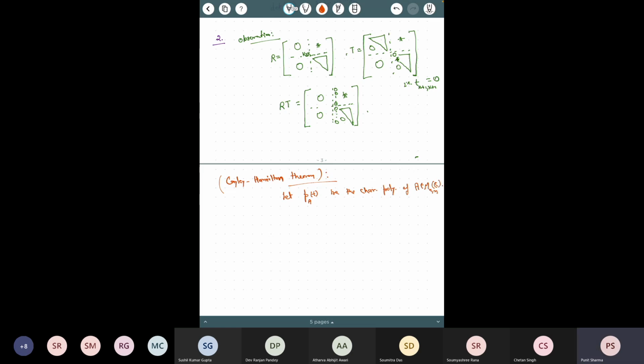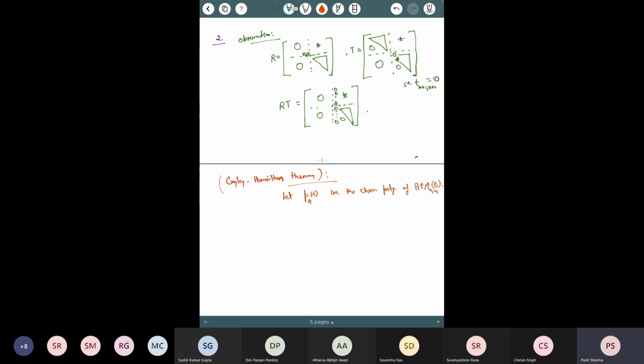By the way, here I am taking an n cross n matrix over C, but if it is an n cross n matrix over R, then you can also find its characteristic polynomial, and the same result is true. In fact, for any given field, this result is true. If you have a matrix A whose entries come from a field, then you can write its characteristic polynomial, and the Cayley-Hamilton theorem is true for that also.